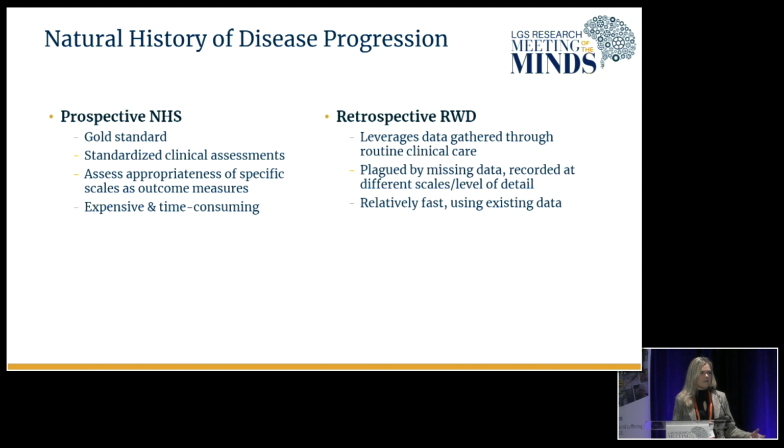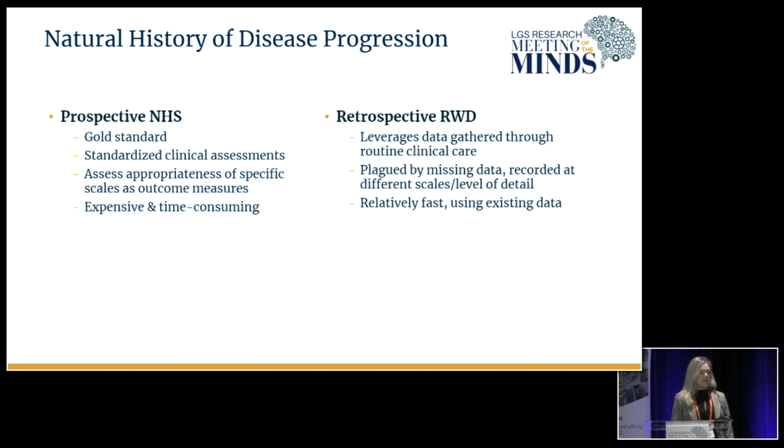Focusing specifically on natural history, there are two main approaches, which I mentioned previously. Prospective natural history studies, which are the gold standard, include standardized clinical assessments and assess the appropriateness of specific outcome measures for future clinical trials, but these can be very expensive and time-consuming. And then there's retrospective real-world data, leveraging data gathered through routine clinical care.